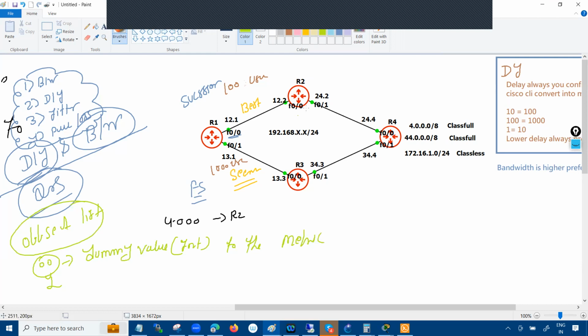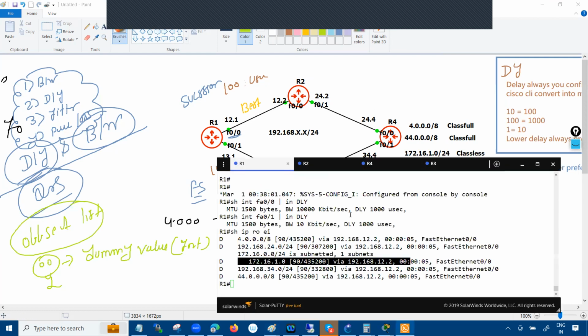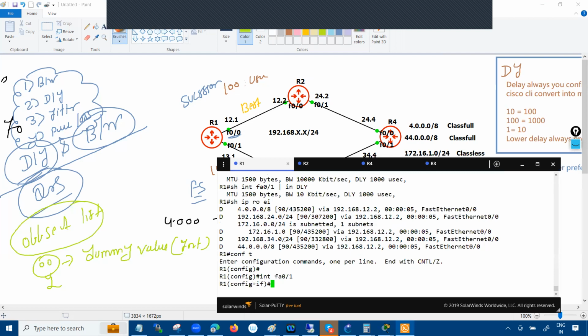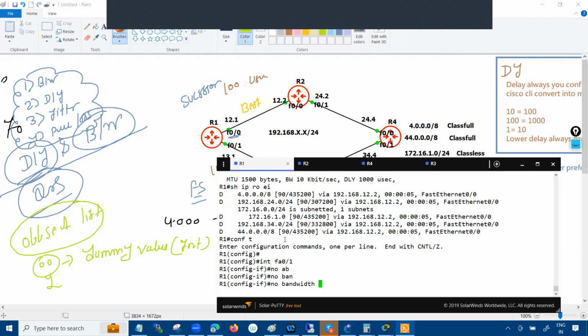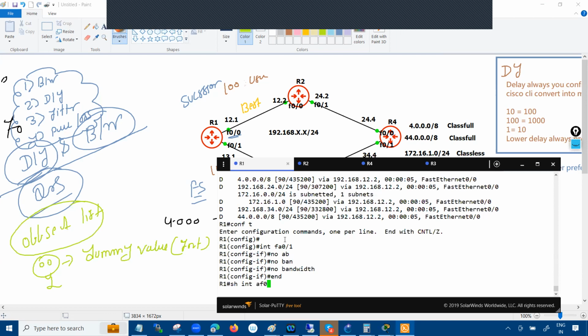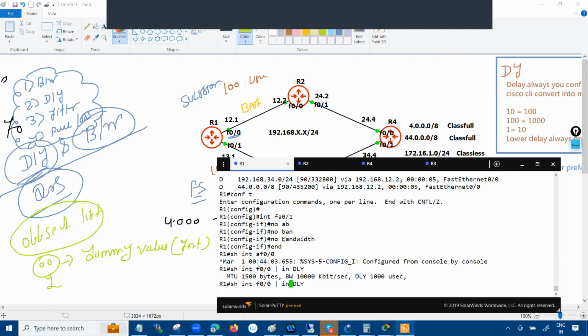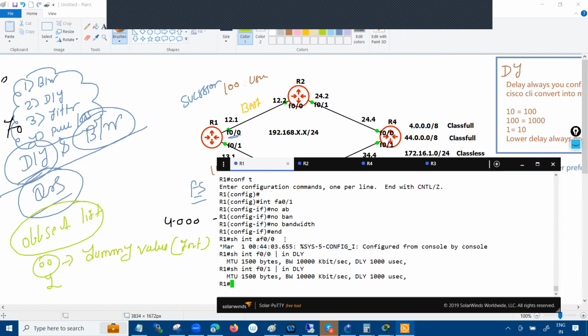So for example, what is the actual metric that I'm getting? Let me change the bandwidth. Interface 0/1, no bandwidth. So everything is equal now. So interface 0/0 and 0/1, everything is equal.